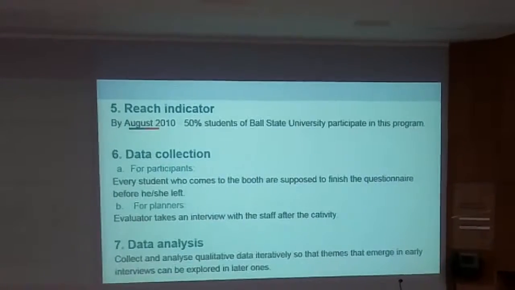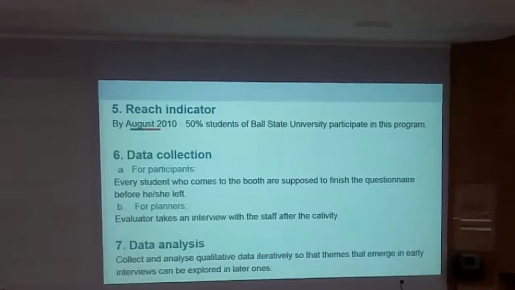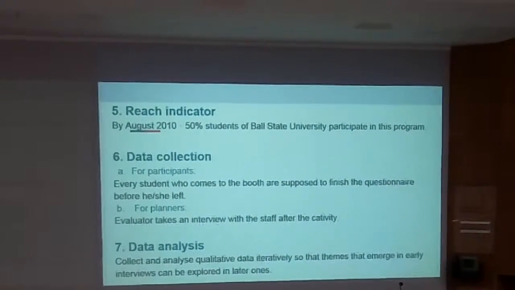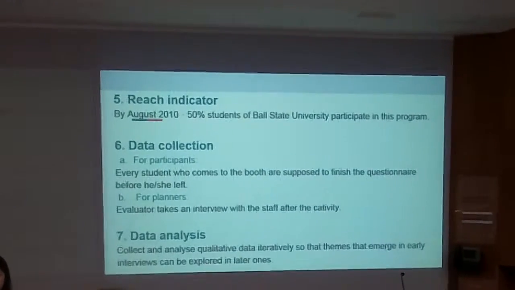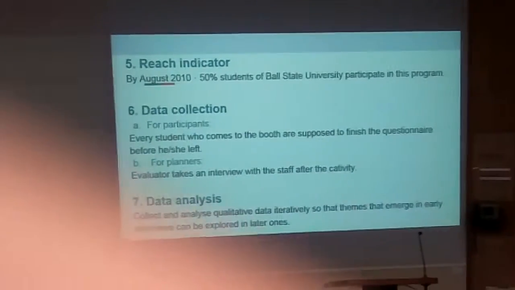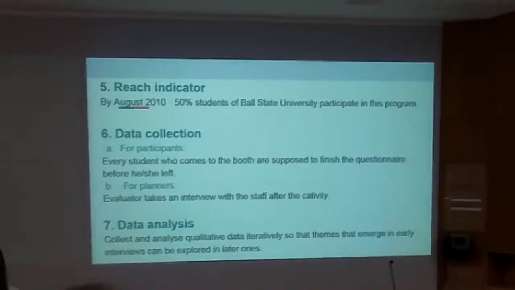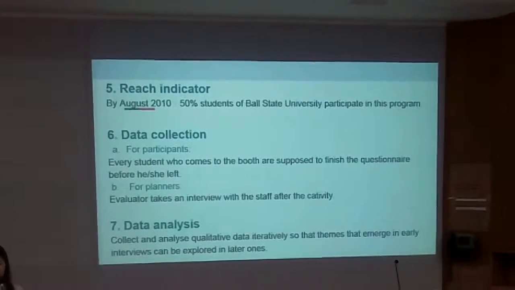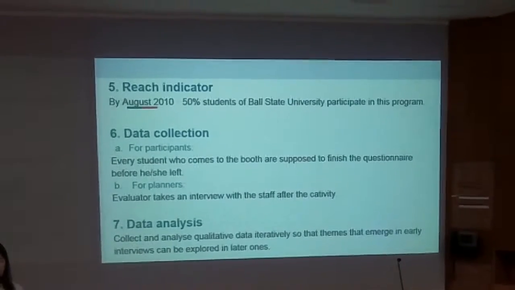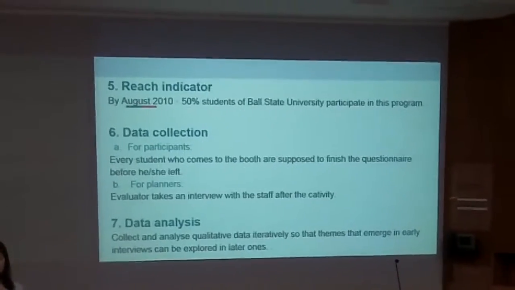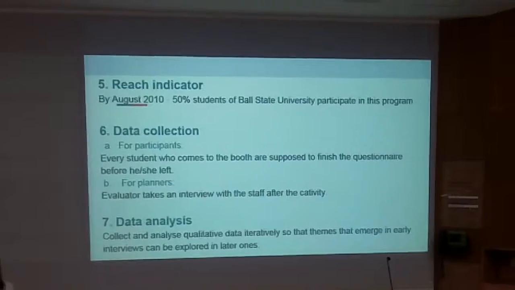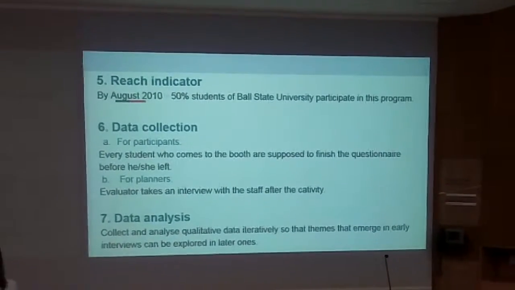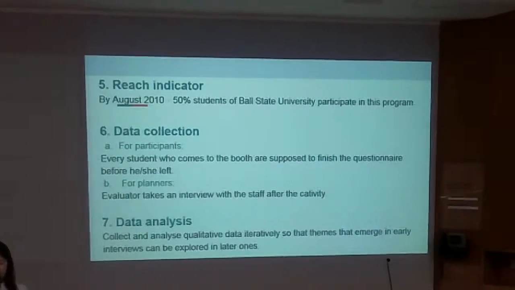Well, next is research indicator. Actually, at least 50% of students at Ball State University need to become participants, and this activity should reach this indicator. And next is data collection. As I said before, we would ask two kinds of groups, so we use two kinds of methods.